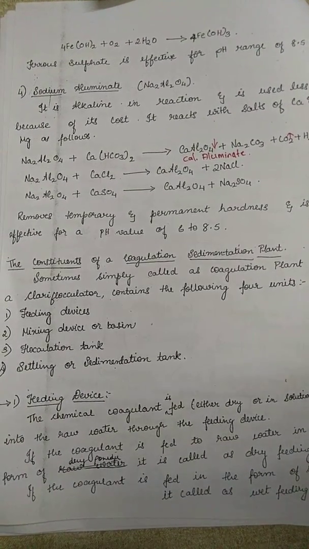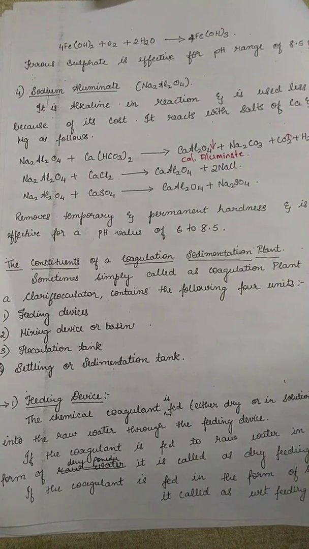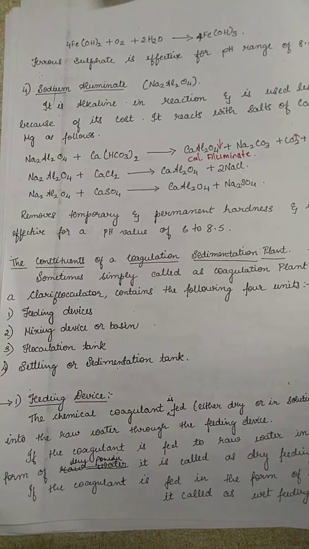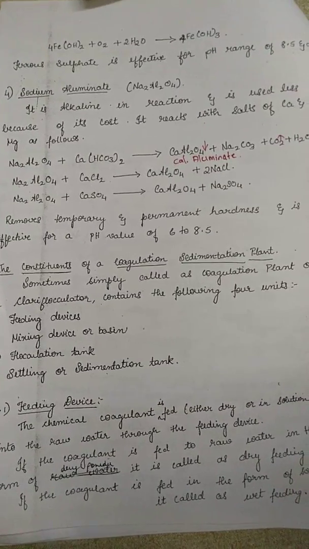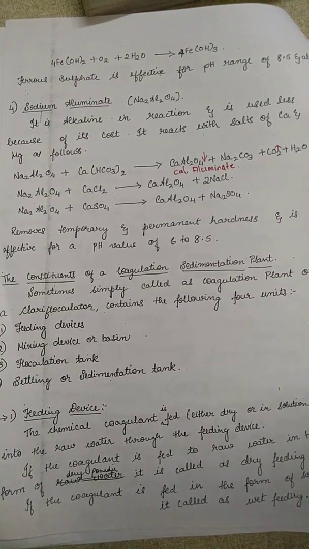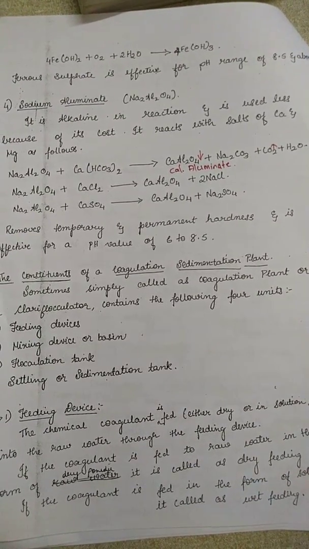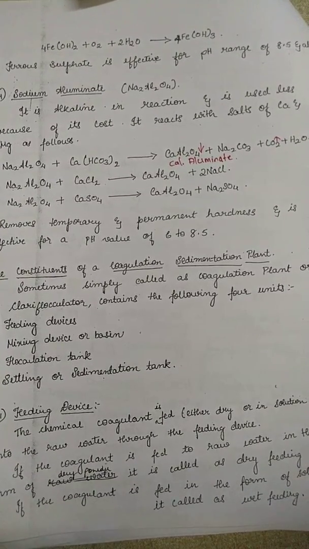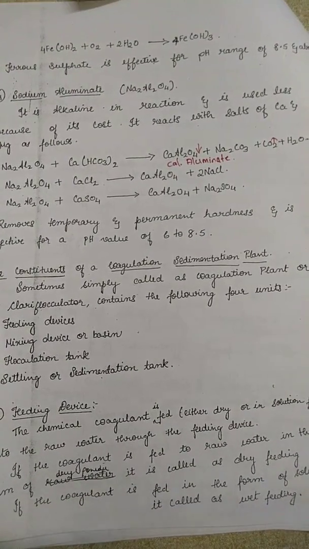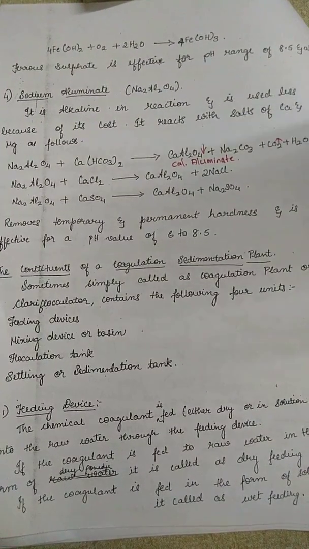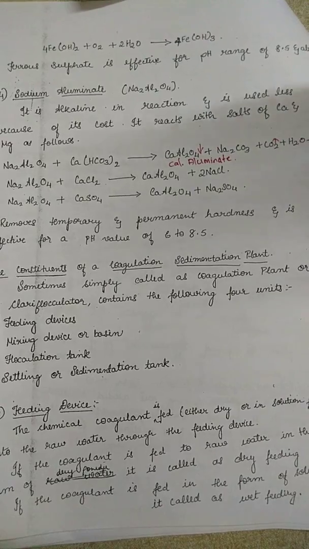Iron salts can also be used over a wide range of pH. We use iron salts to remove turbidity or color when the water is of the wastewater category. Remember, iron salts we use when the water is wastewater, and we use alum when it is normal raw water. So this is the main comparison between alum and iron salts.